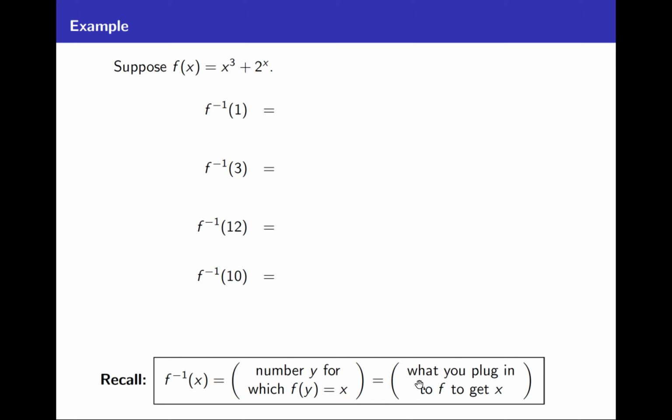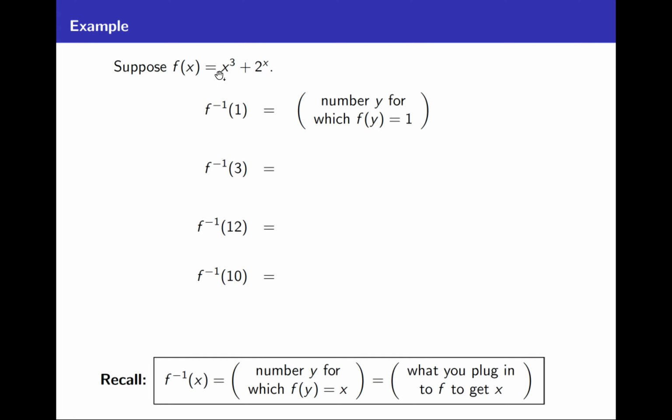You might think about that as f inverse of x is what you plug into f to get x. So let's go back here to f inverse of 1. According to our rule, f inverse of 1 will be the number y for which f of y equals 1. It's the number you plug into f to get 1.